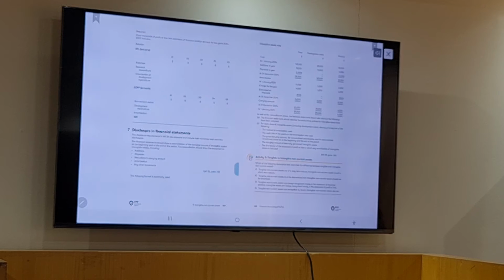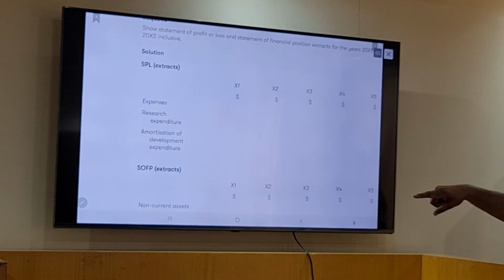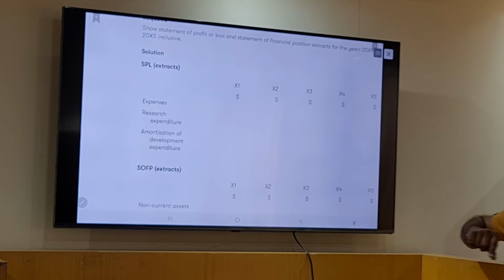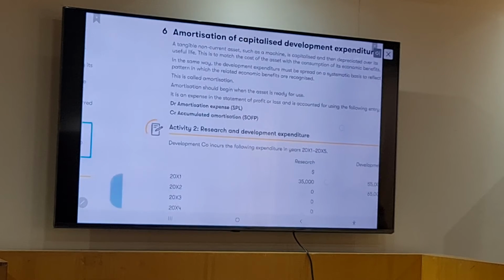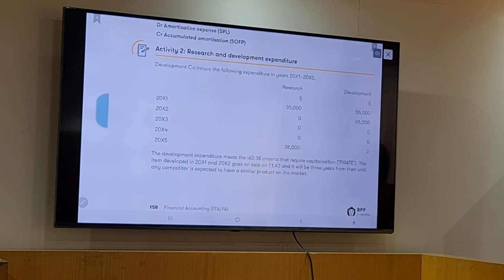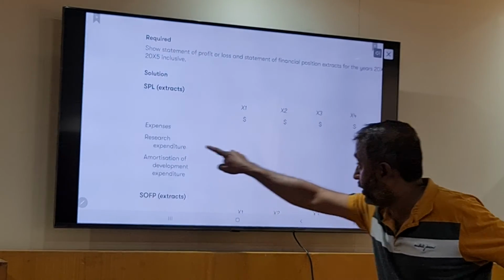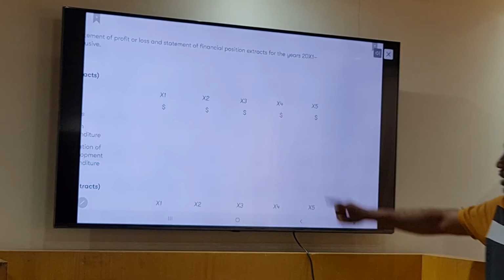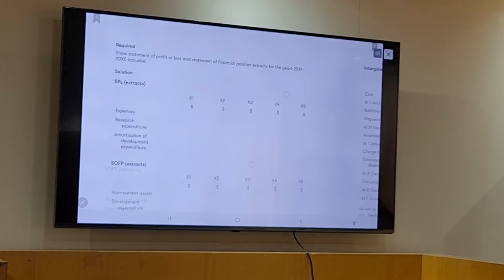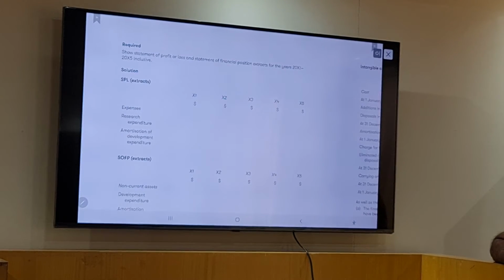So here, expenses 2011, research expenditure 35,000. Clear? Everybody clear? And then there is another research expenditure in 2015, how much? 38,000. So under research expenditure in X5, you will have 38,000.